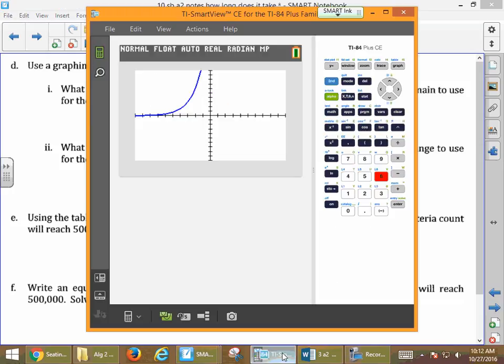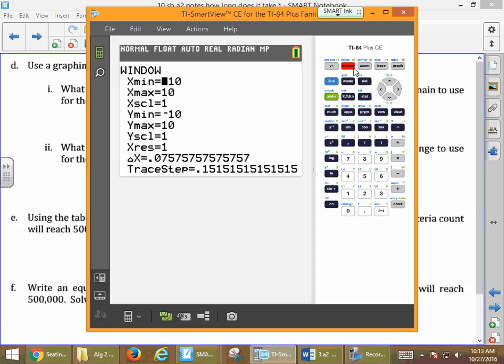So if we go back here, where are we going to look at a more representative graph? Well, let's go to the window setting. And we're going to type in 0. And then I said, well, let's go to 20. And I left the scale as 1.